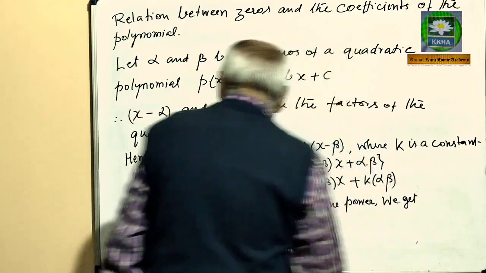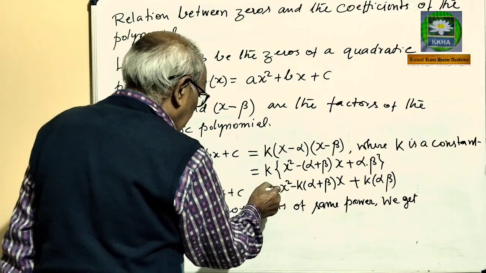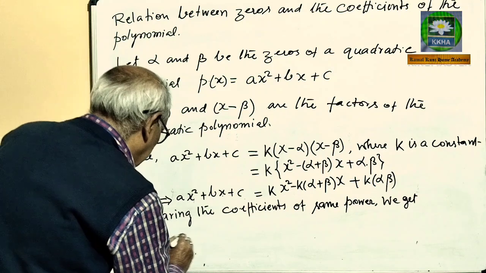for example, here the coefficient of x square is a, and here the coefficient of x square is k, so a will be equal to k.